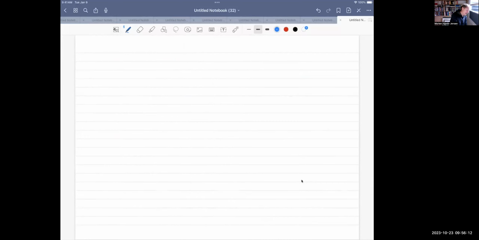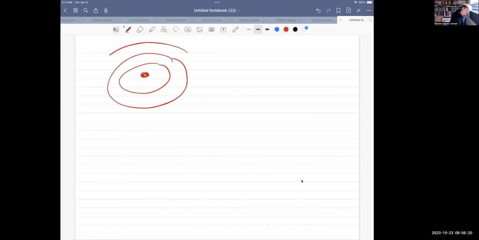So suppose the target is this one. This is our target. And then we have these circles like this. And suppose now that we have a model which has a high bias and a low variance in the model.